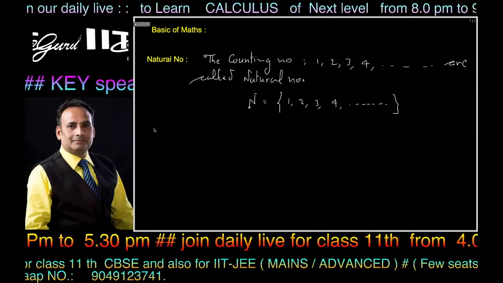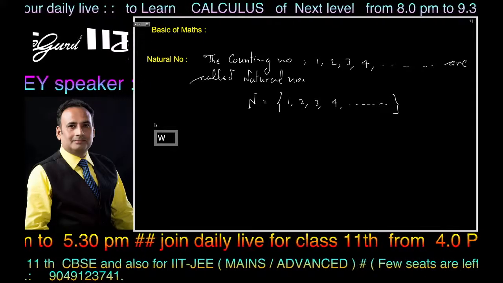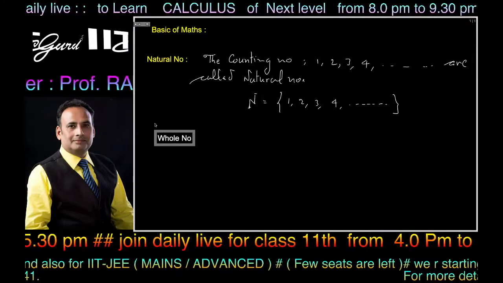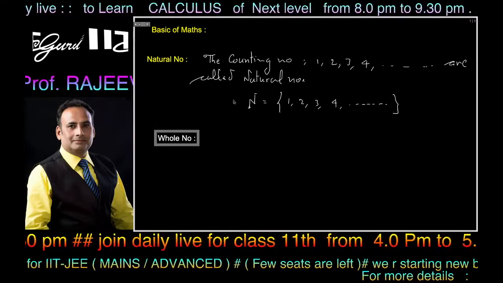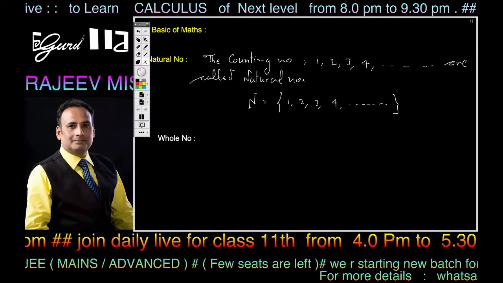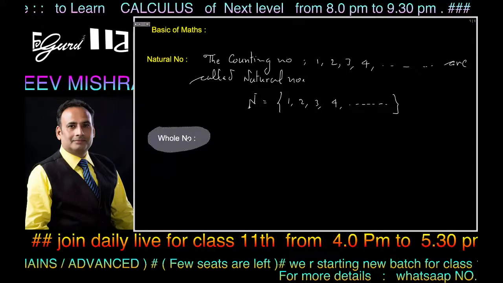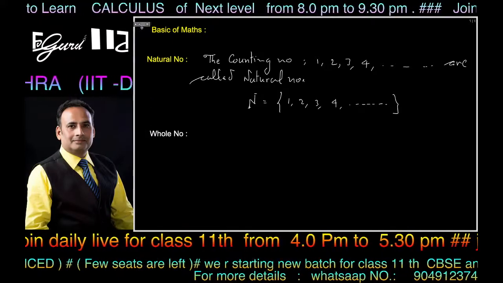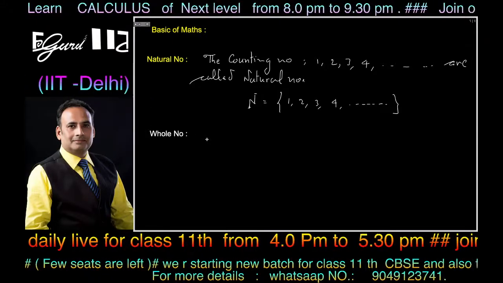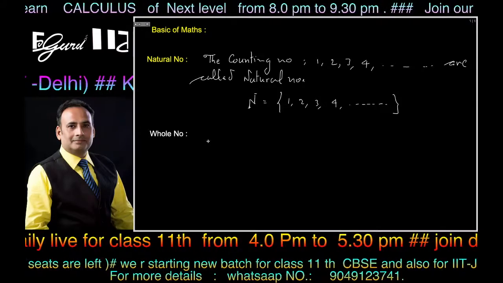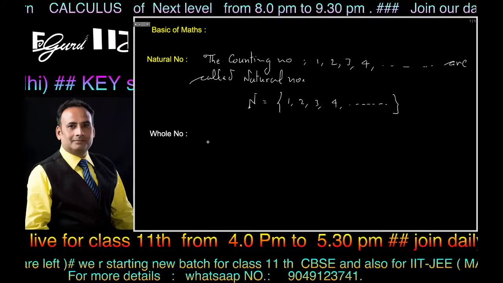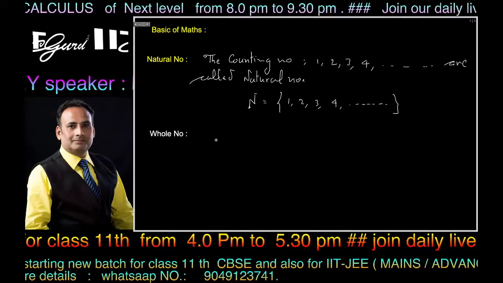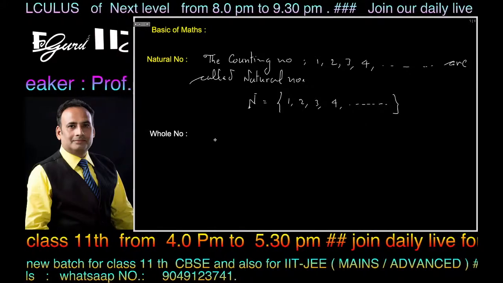Now go for whole number. What is whole number? Number 2, that is whole number. The definition of whole number is: if in the natural numbers you include 0 also, that is called whole number.